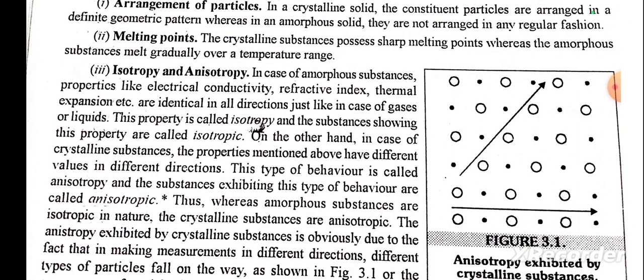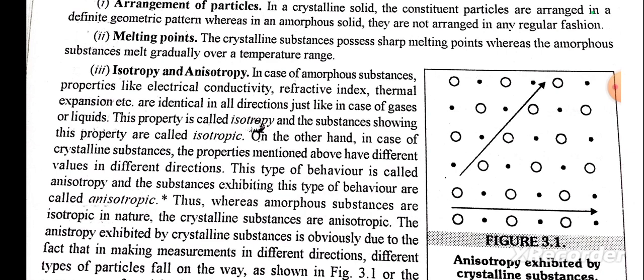Isotropic and anisotropic. In the case of amorphous substances, properties like electrical conductivity, refractive index, and thermal expansion are identical in all directions, like in the case of gases and liquids. This property is called isotropy, and the substance showing it is called isotropic.